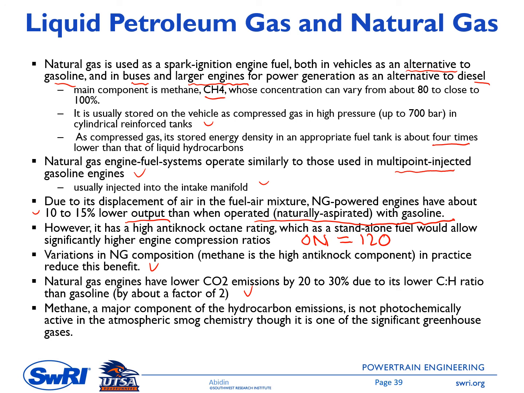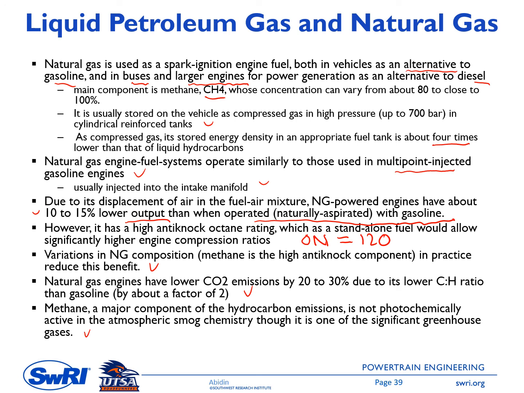So gasoline, we can represent it as, let's say, C8H18. So in this case, we will have a much lower CH ratio than the one for gasoline, which finally results in lower CO2 emission.